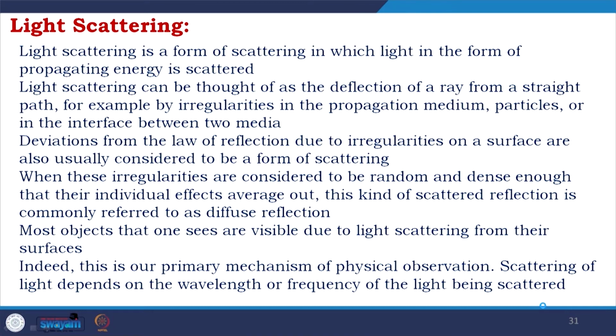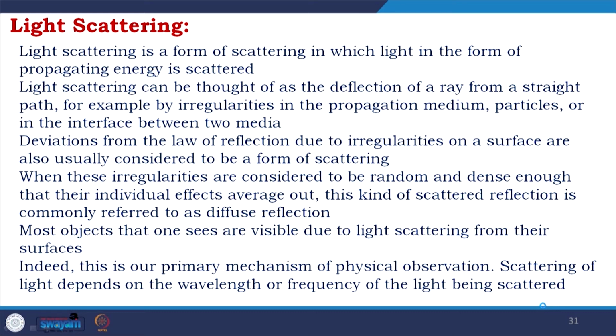When these irregularities are random and dense enough that their individual effects average out, this kind of scattered reflection is commonly referred to as diffuse reflection, not scattering here. Most objects that one sees are visible due to light scattering from their surfaces. Indeed, this is our primary mechanism of physical observation.